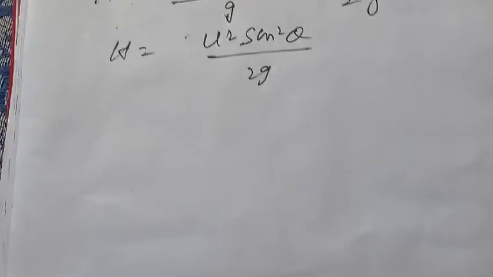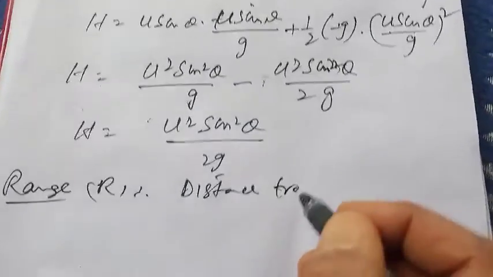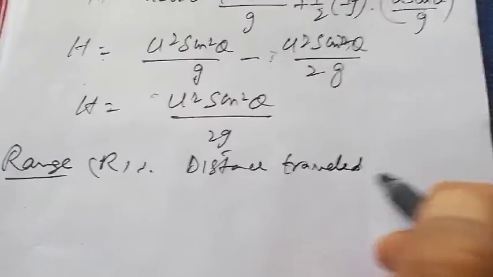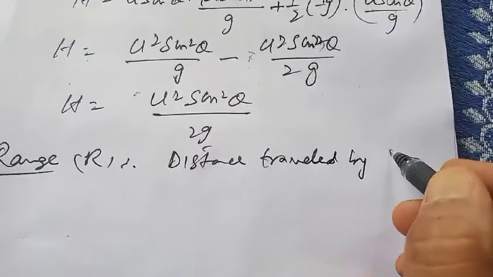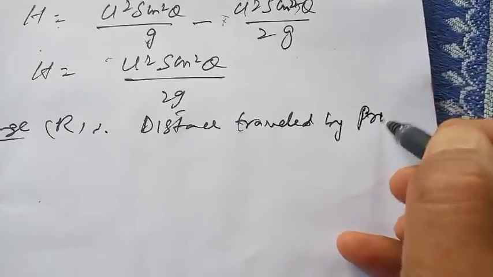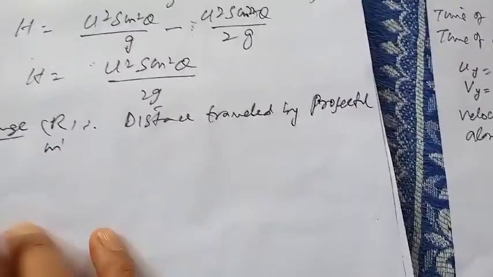Now range, or distance covered, distance traveled by projectile in horizontal direction.